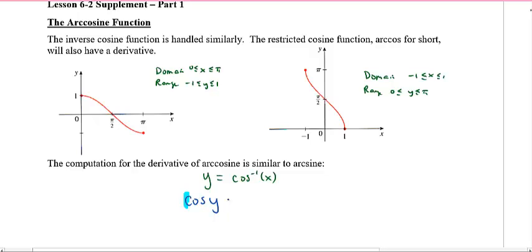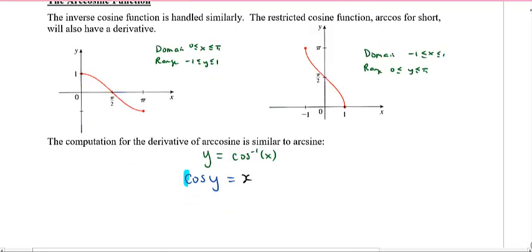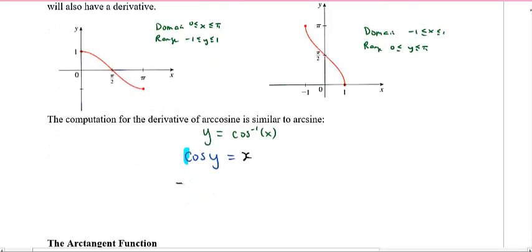Take cosine on both sides. I'm going to shorten this up and just write down x. Find the derivative of cosine, which is negative sine y. Don't forget implicit differentiation, dy/dx. So dy/dx just equals -1 over sine of y.